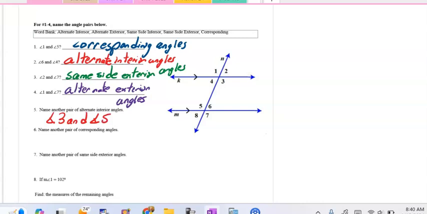Another pair of corresponding angles, and there are lots of answers here, could be angle 2 and angle 6. And a pair of same side exterior angles, we already have 2 and 7, so the other pair would be angle 1 and angle 8.